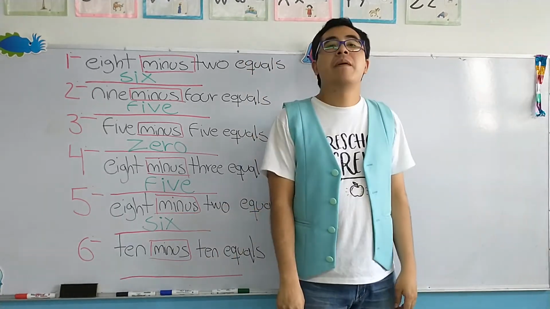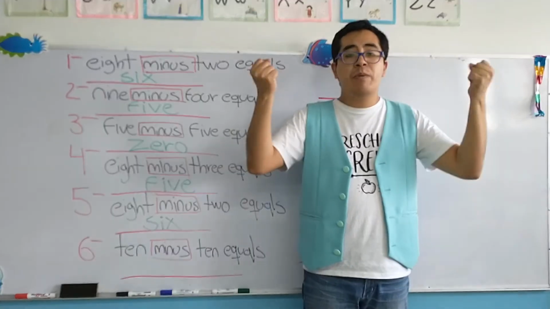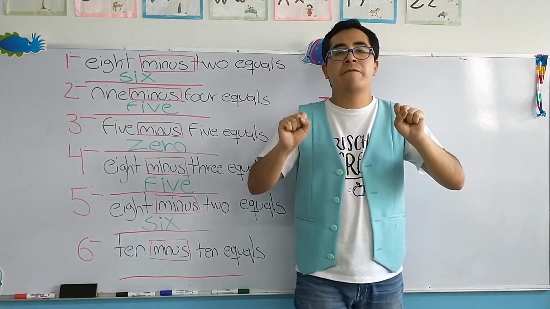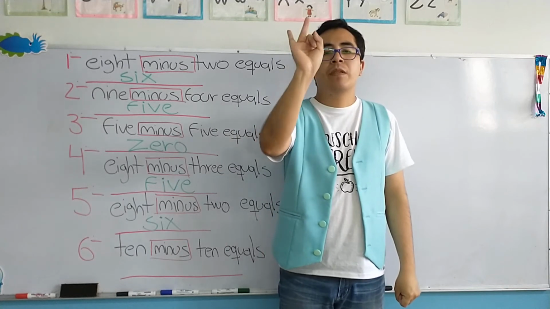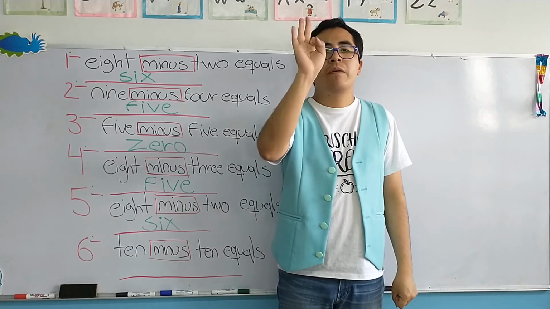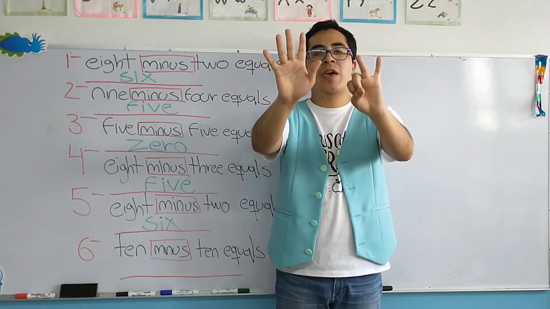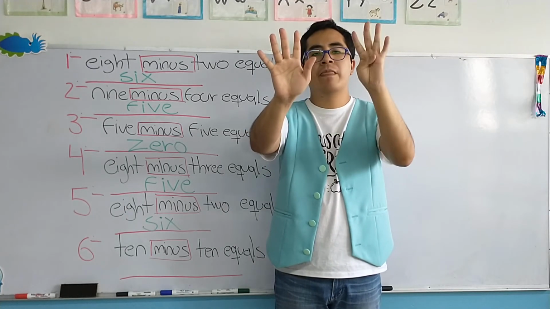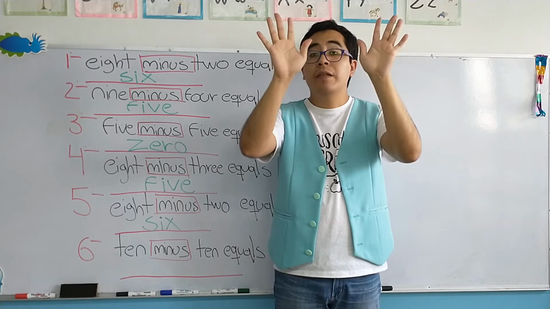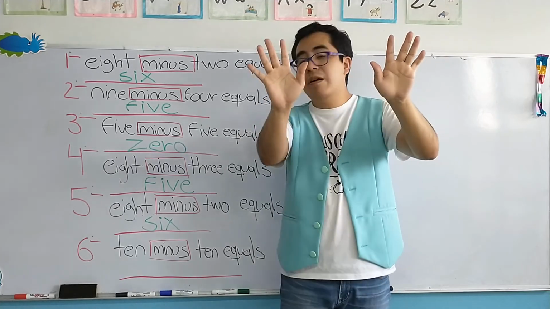So, 10 minus 10. Using both of our hands, 10 fingers. 1, 2, 3, 4, 5, 6, 7, 8, 9, 10. 10 minus 10.